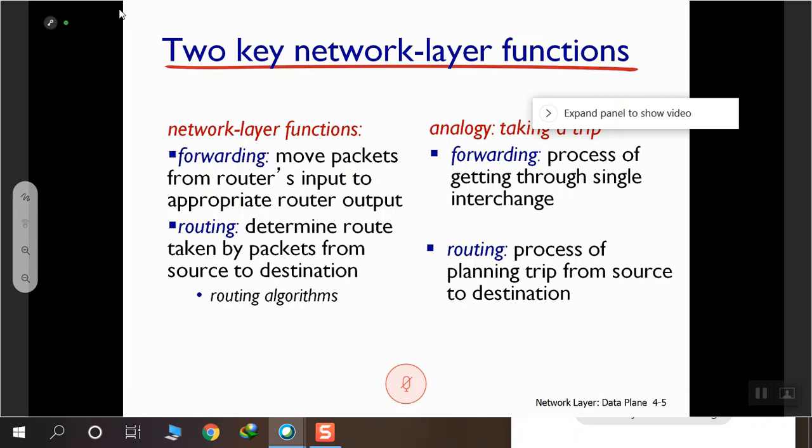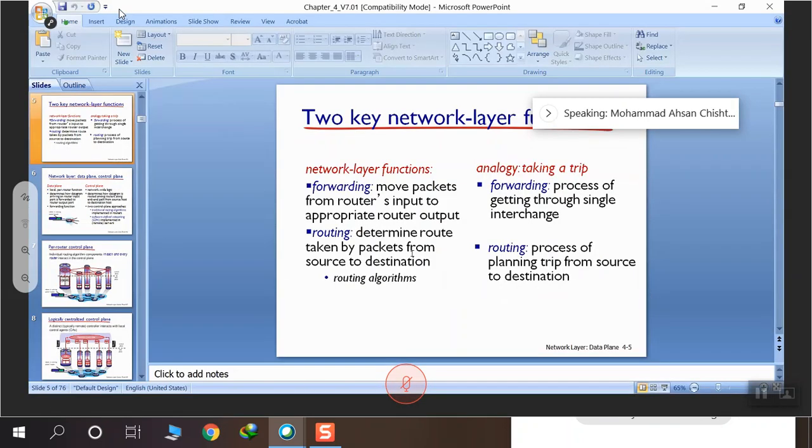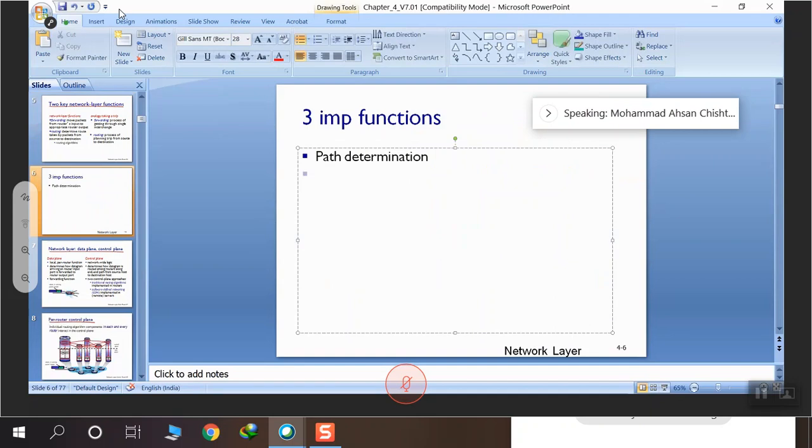So there are three important network layer functions that we generally see here. The first function is path determination.